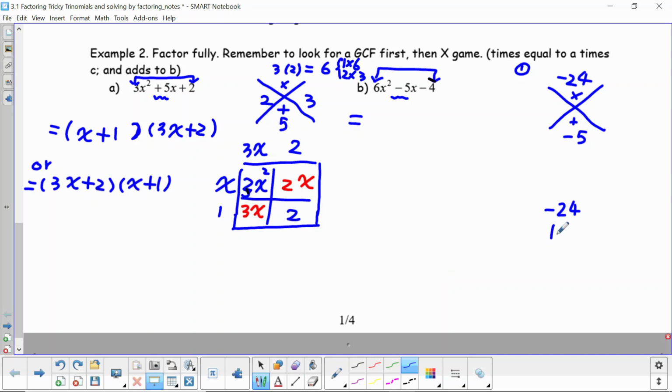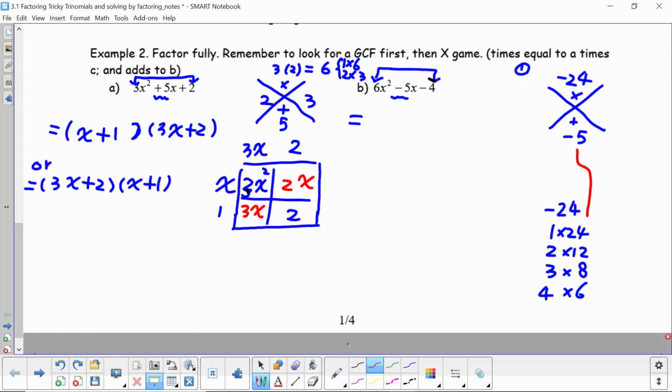So we find -24: 1 times 24. 24 divided by 2 gives you 12. Keep trying, 3, 24 divided by 3 gives you 8. Then the next one, 4, 24 divided by 4 gives you 6. 5 doesn't work. The next one is 6. 6 times 4 is the same, so we stop. Then after that, we determine the larger number.